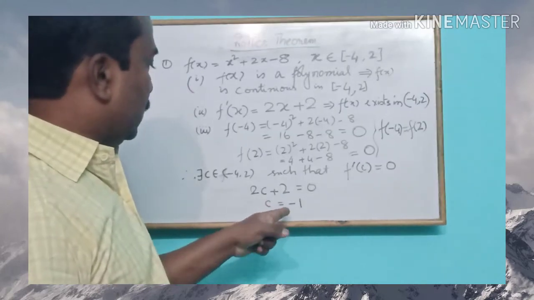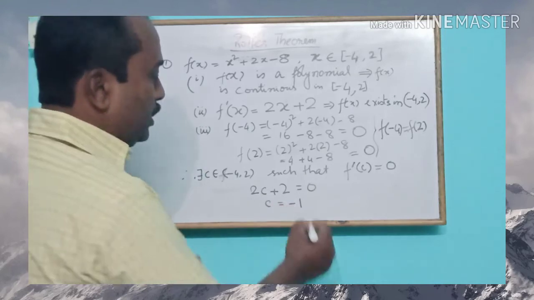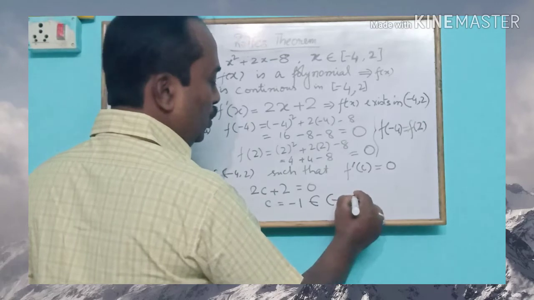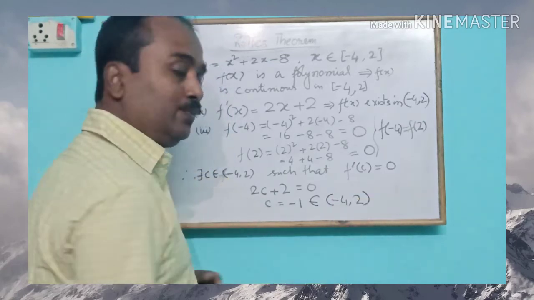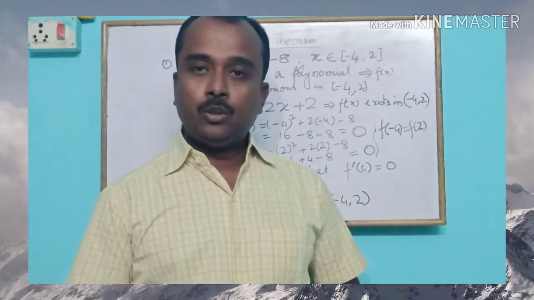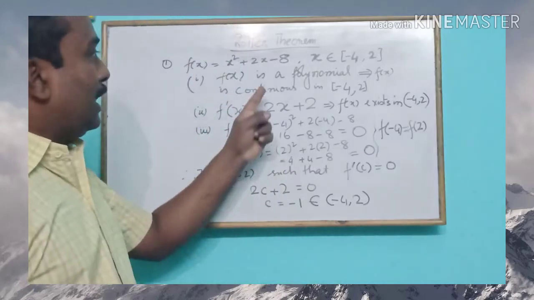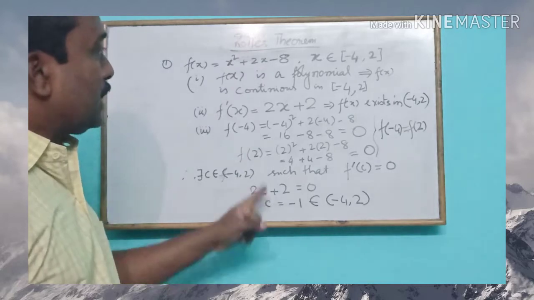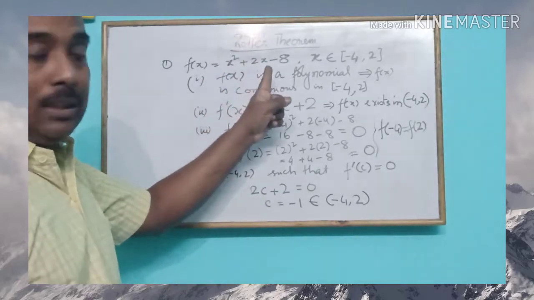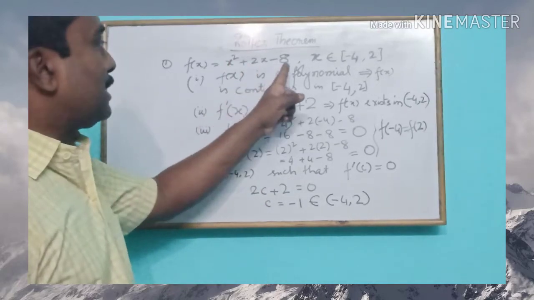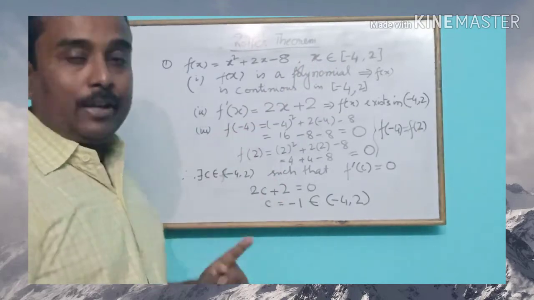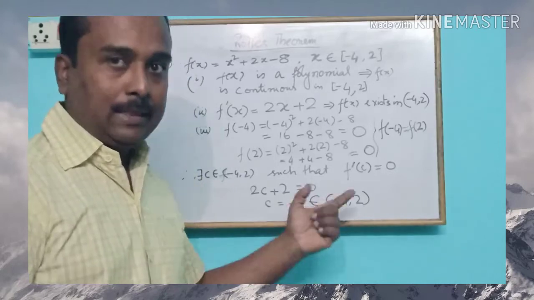Hence, we have got a point -1 which belongs to the open interval -4 to 2. So Rolle's theorem is satisfied for this particular function x square plus 2x minus 8 in the interval -4 to 2. Hence, Rolle's theorem is verified, we can write. Let us see the next example.